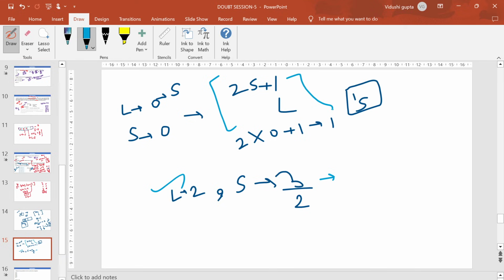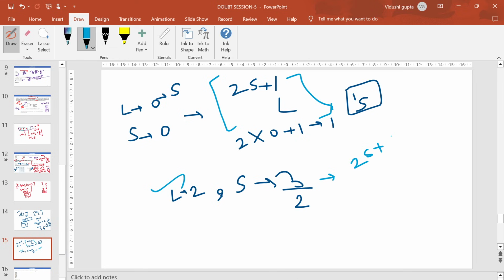Use this formula. Four, ma'am. I am asking the term symbol.